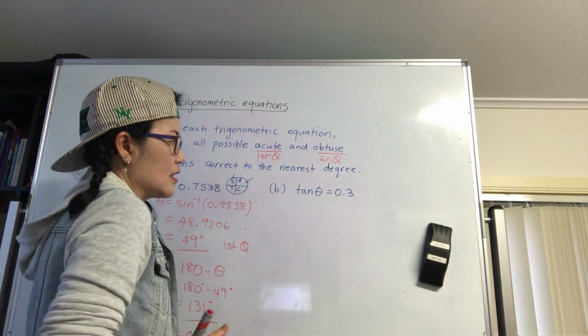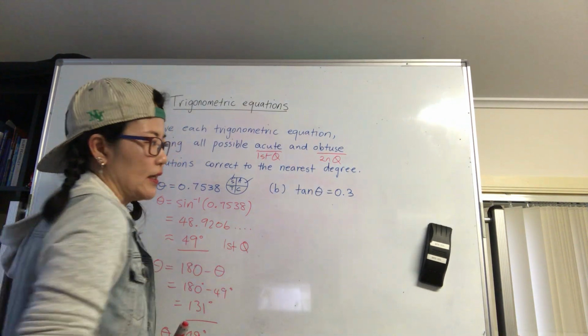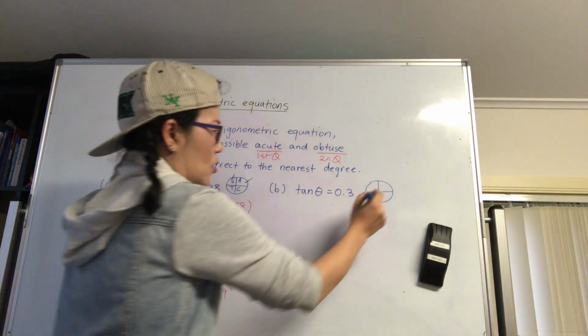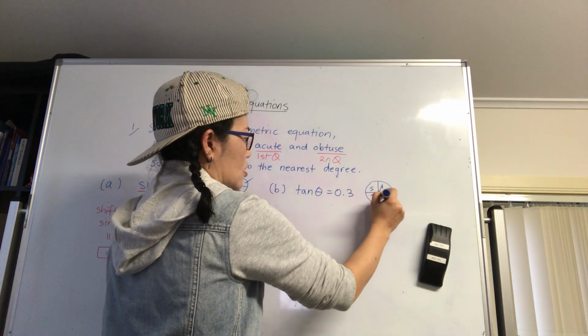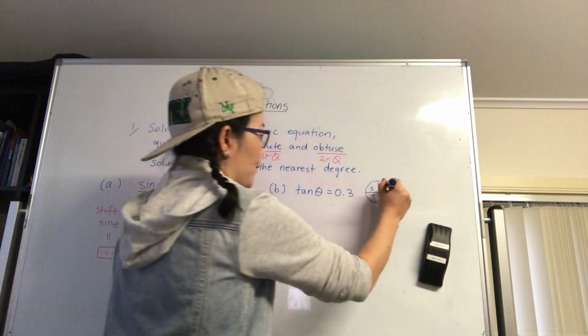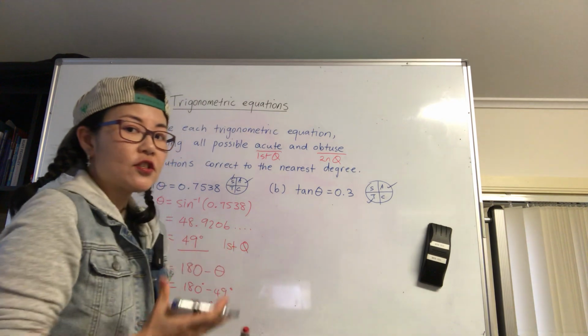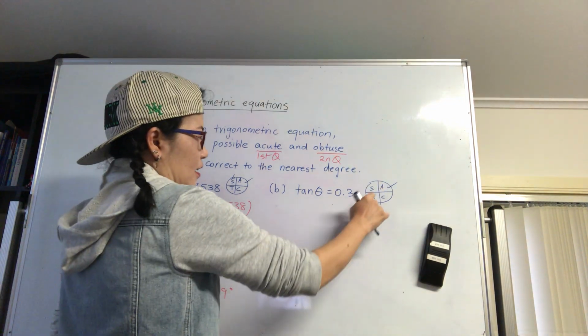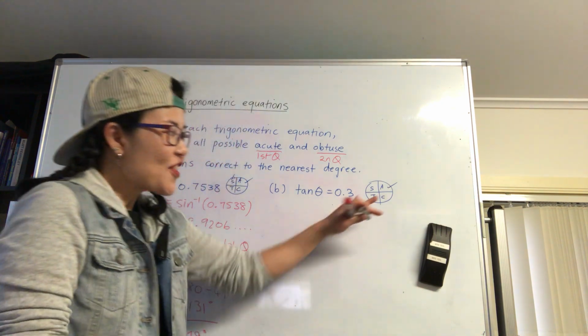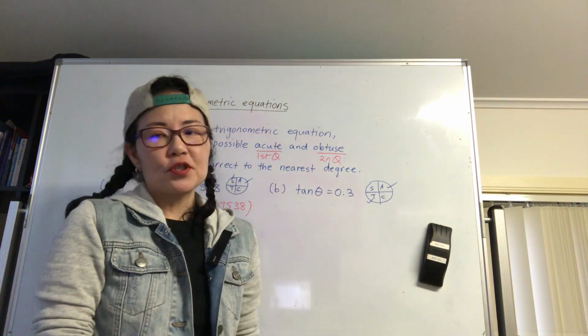Now here, tan theta equals 0.3. It's positive, so before we start anything, All Stations To Central: which quadrants have tangent positive? First and third. Now let's think about this logically, guys. Third is not obtuse.